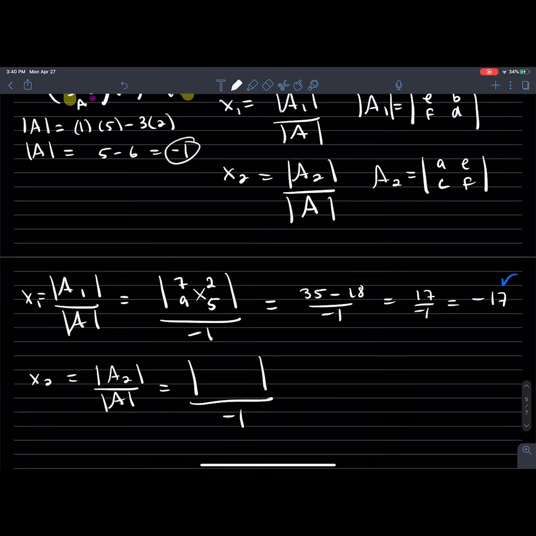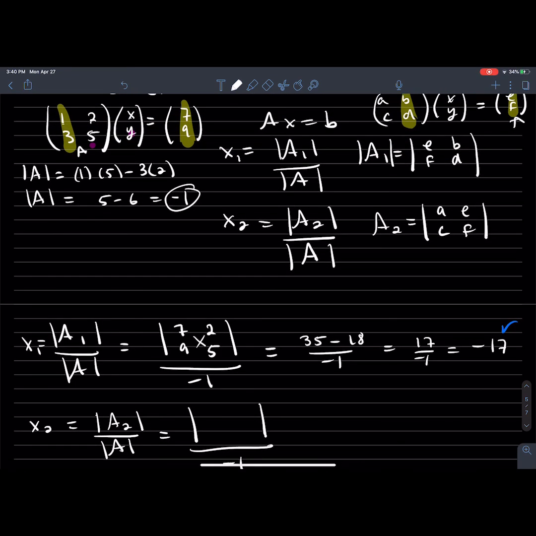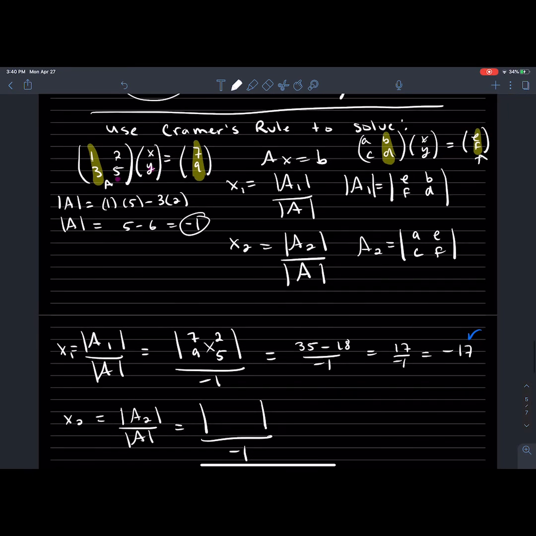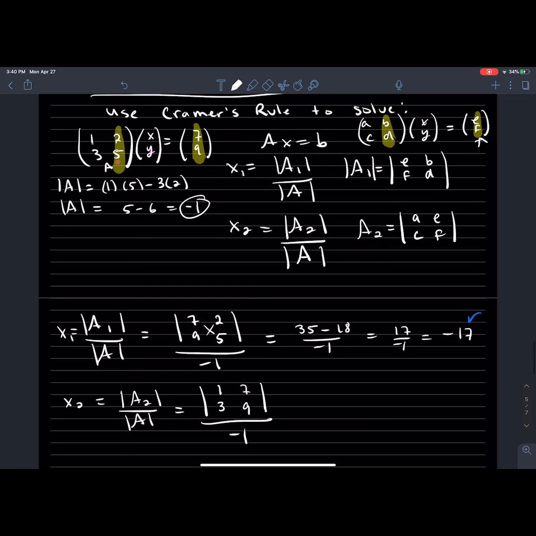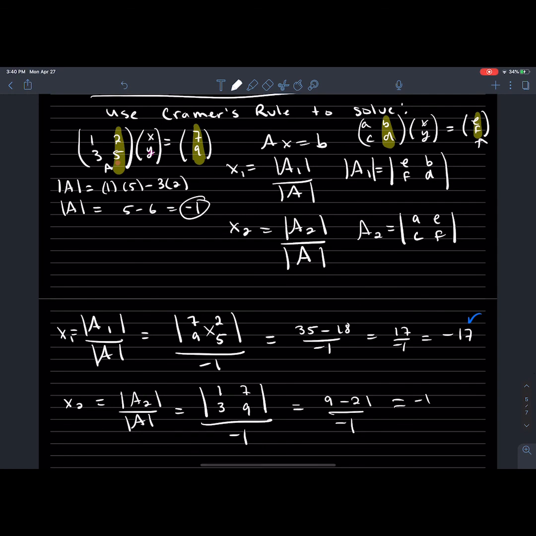So A2, looking at our matrix, we're going to replace the second column because we're on the second one. The first column stays the same. Instead of 2, 5, it's 7, 9. And so that is 9 minus 21 divided by -1. That's -12 all over -1, which is 12.